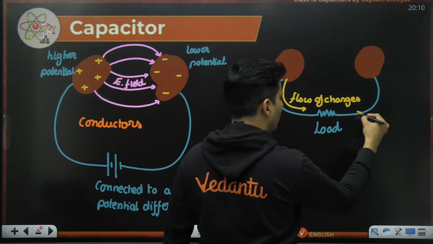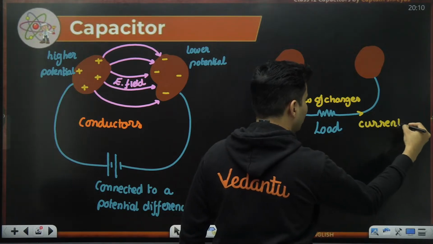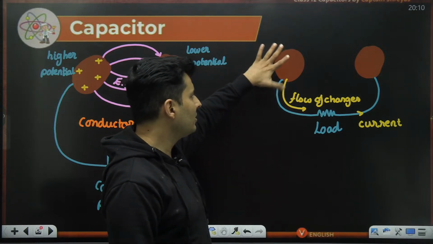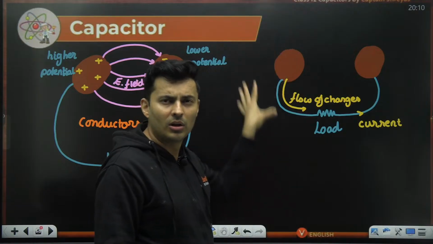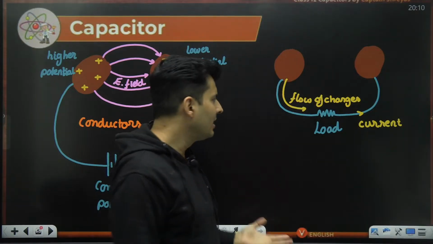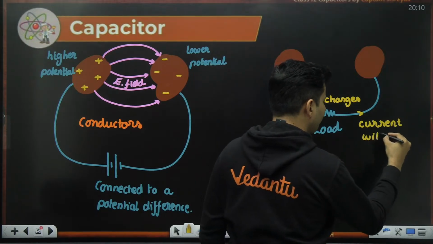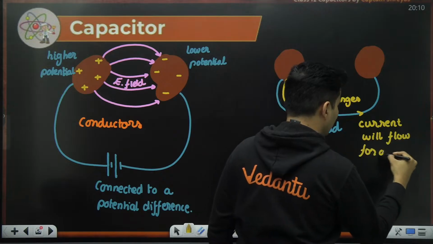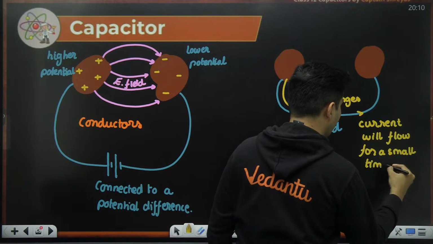Whenever there is a flow of charges, that means there will be a current, but this current will only last for some time because it is not continuously charged. There were maybe 10, 20, 100 charges. All those charges will go to the other side, and the current will flow for a small amount of time.